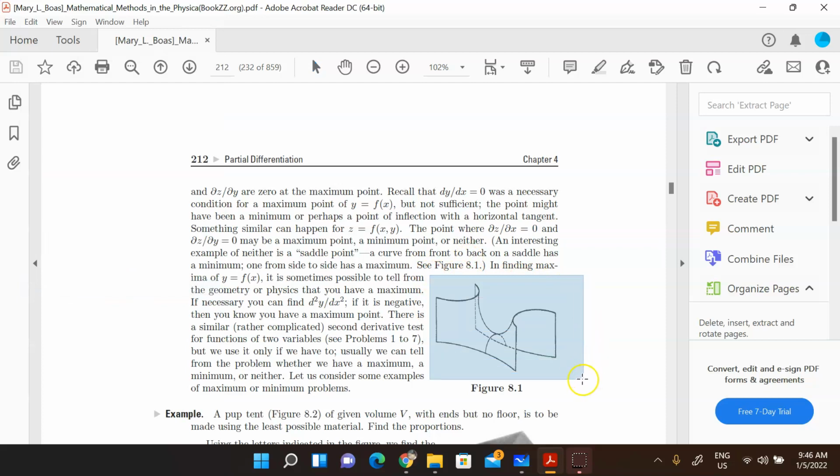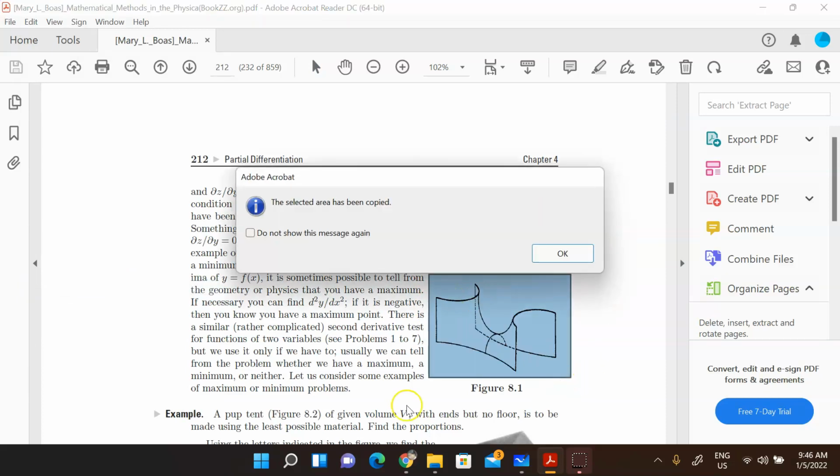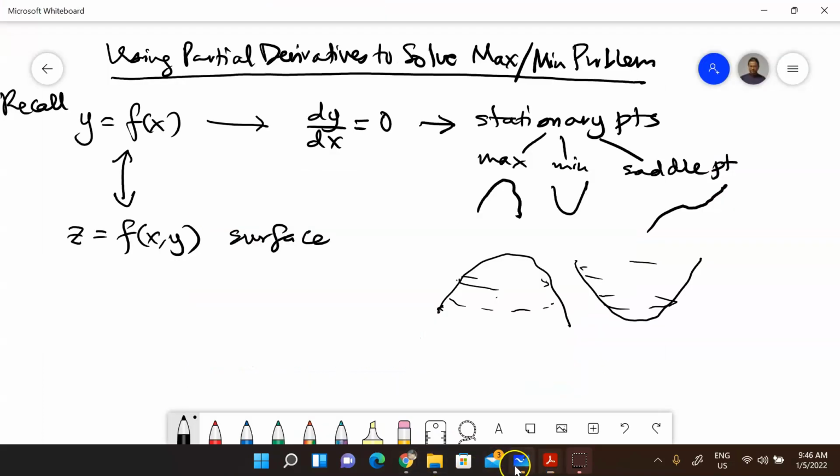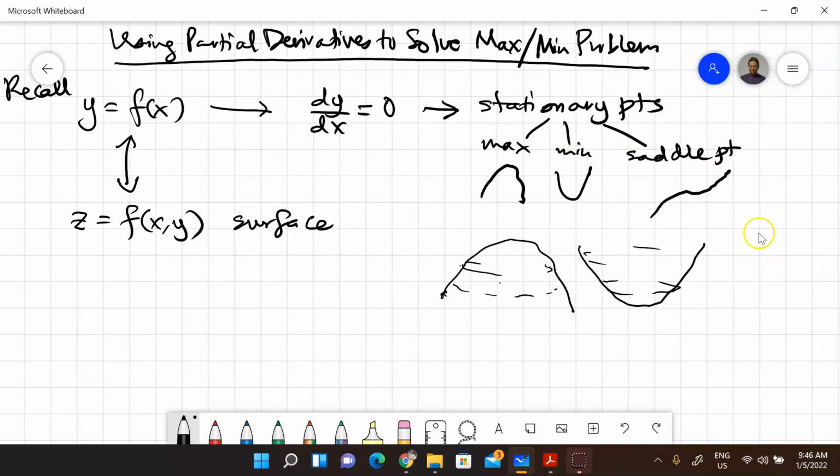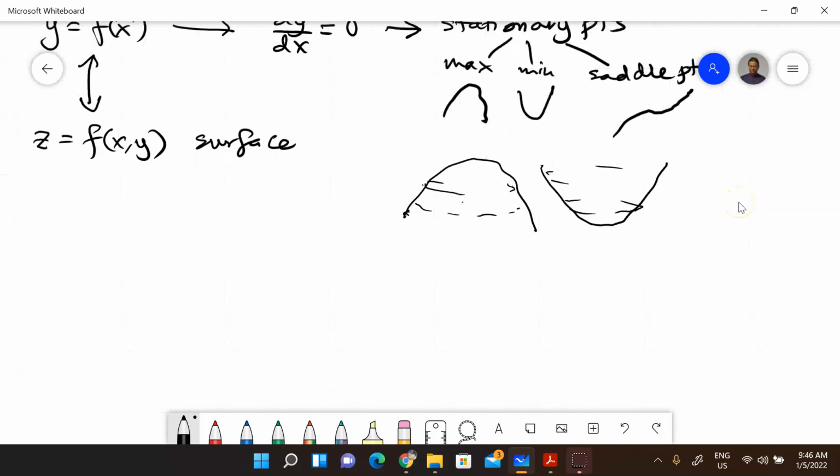So here's a saddle point. This is a surface again, and you still have the analogous thing that happens in two-dimensional space, in a one-dimensional curve, but now it's turned into a surface in 3D.